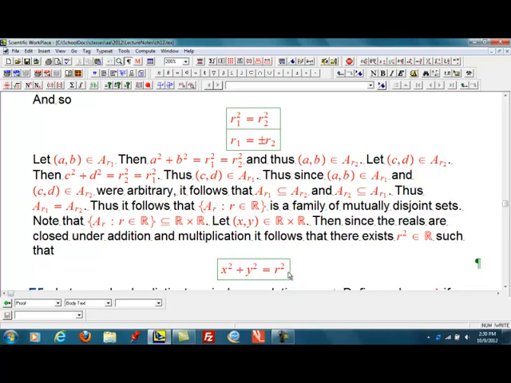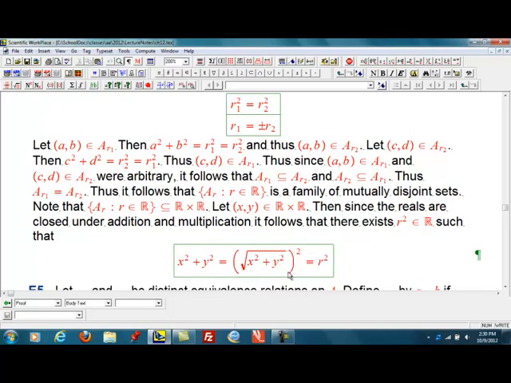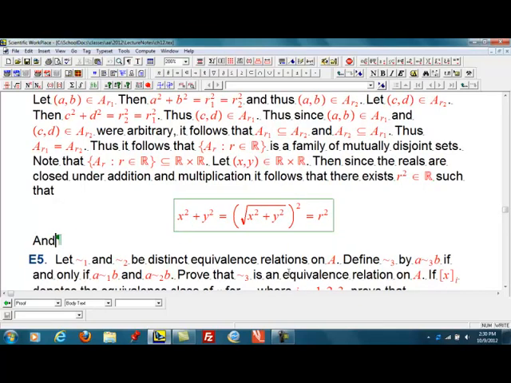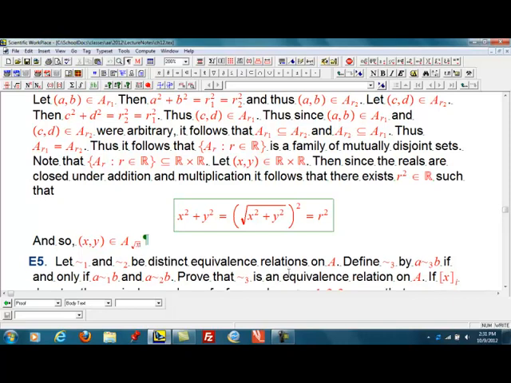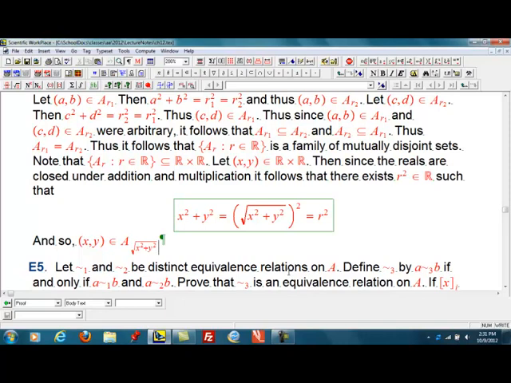If you will, we can write it this way. So that's a real value. That says that (x, y) has to live in A, and I'm going to make this be the square root of x squared plus y squared for the little sub r on it.